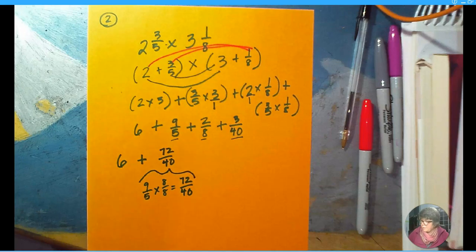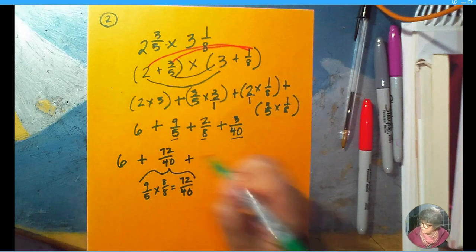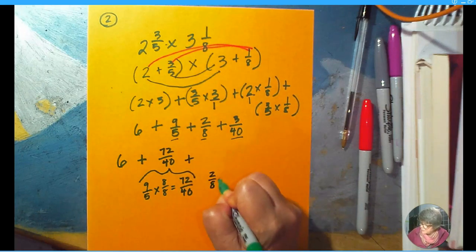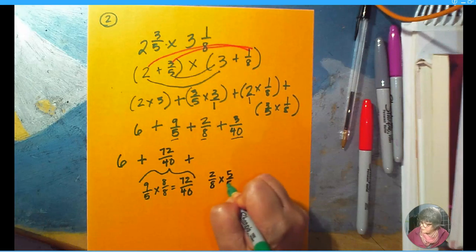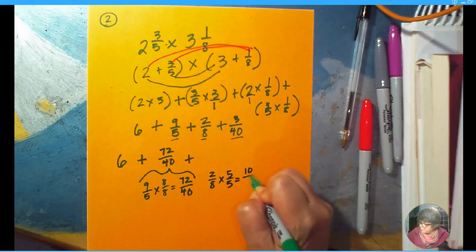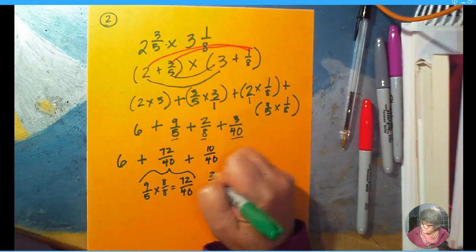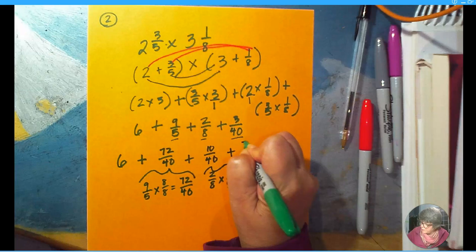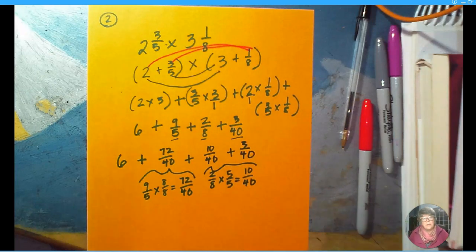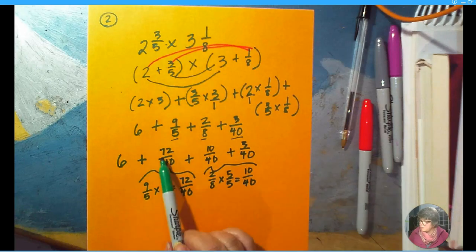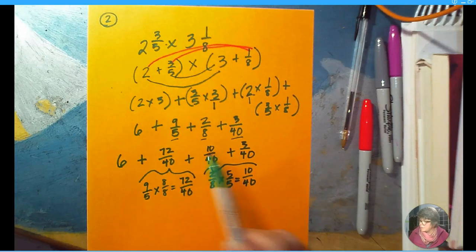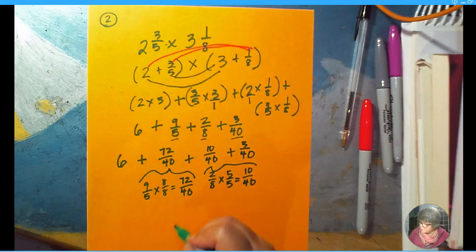Okay, and then 2/8. 2/8 times 5 over 5 is going to be 10 40ths. And then 3 40ths. Okay, so I can add all of my fractions together. 72, 82, 83, 84, 85. So now I have 85 40ths.